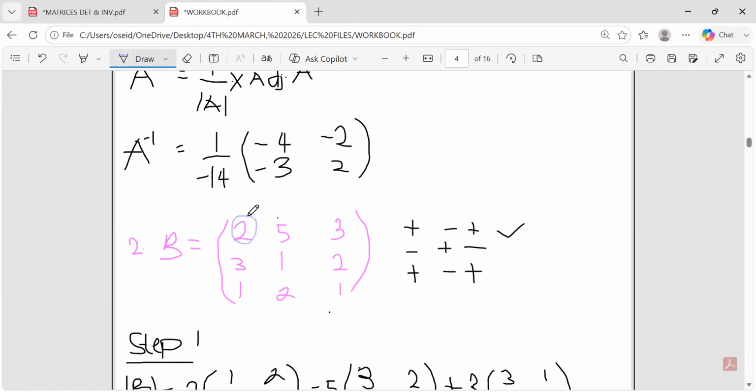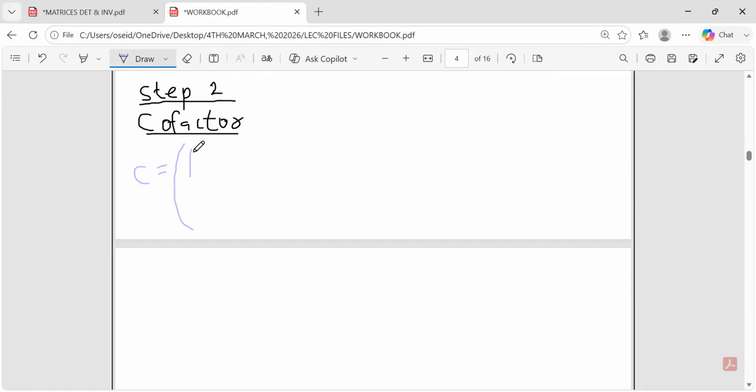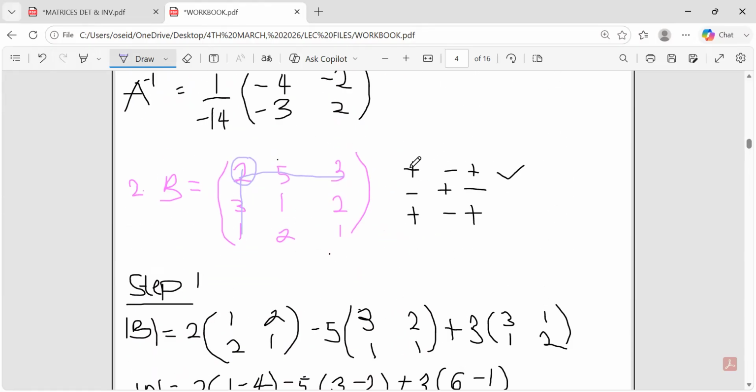Once we take the first element, we assume that the first row is off and the first column is also off. So we are left with the elements 1, 2, 2, 1. So 1, 2, 2, 1. The first element. And don't forget that the cofactor sign for the first row is plus, minus, plus. Alright.